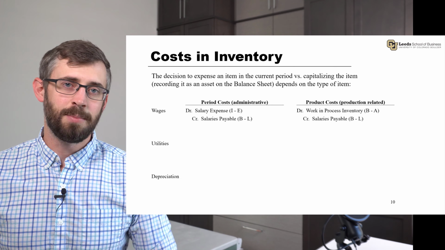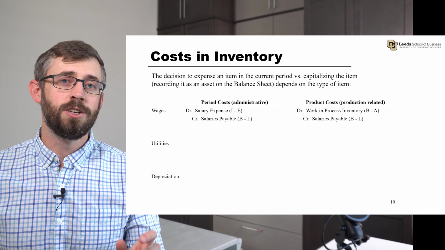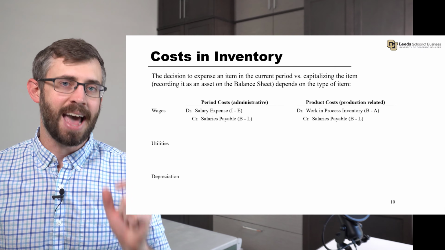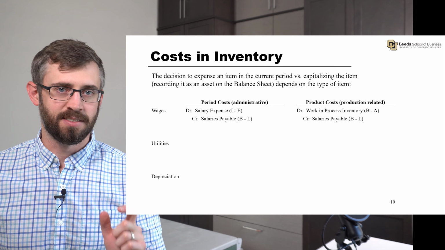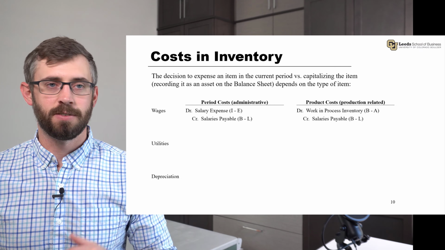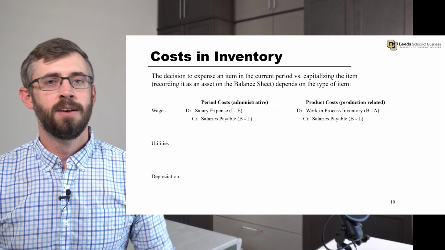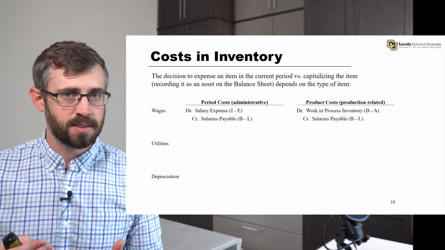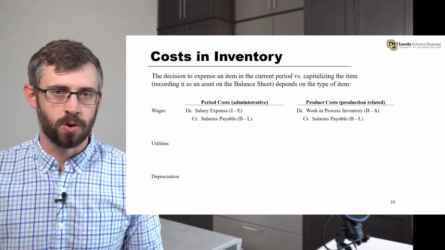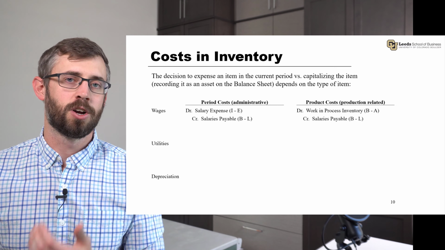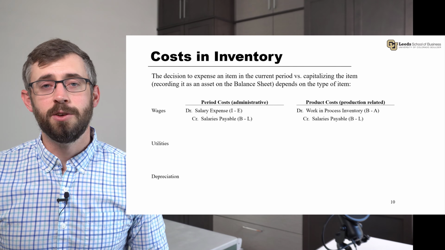But instead of debiting an expense, we're actually going to debit our inventory asset. So we're going to capitalize these wage costs because they are related to the production of inventory. And these wage costs are not expensed until the inventory is sold and it turns into our cost of goods sold.